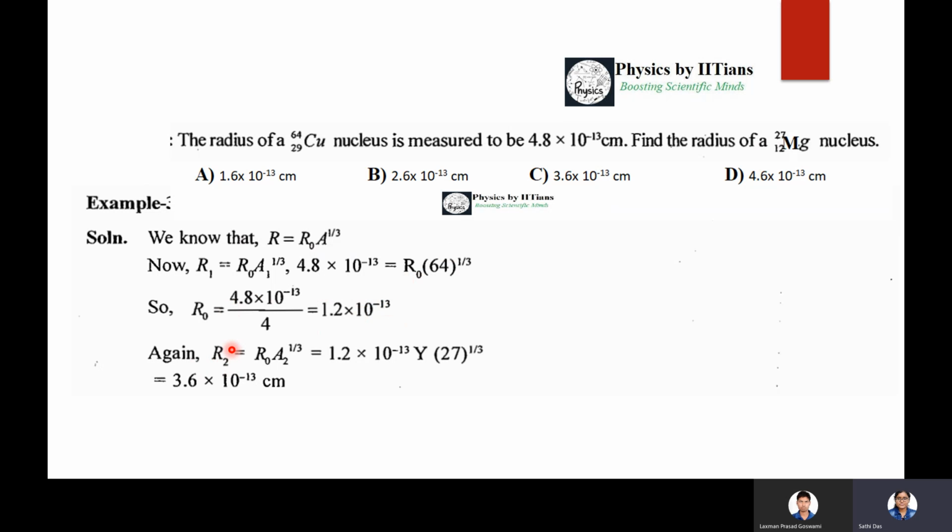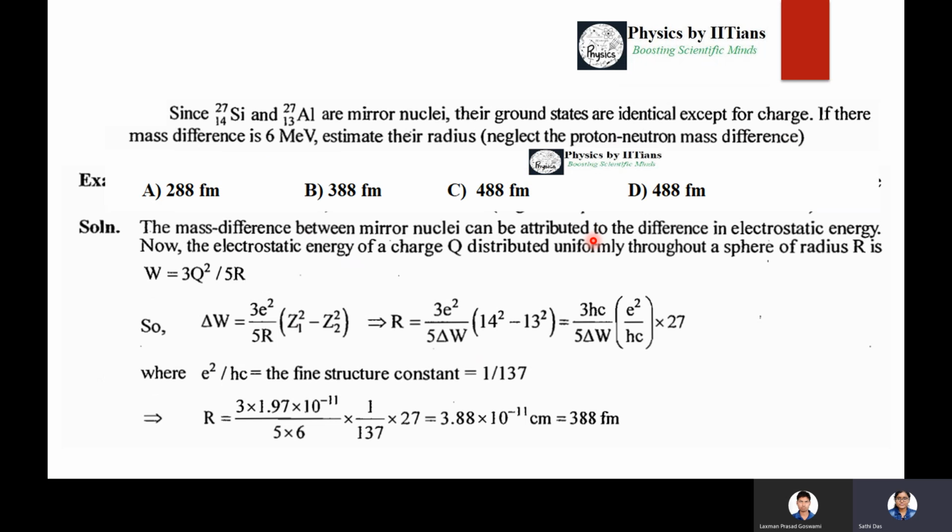To find the radius R2 of the magnesium nucleus, you put the value of R naught, that is 1.2 into 10 to the power minus 13, into A2 to the power 1/3, that is 27 to the power 1/3. So R2 equals 3.6 into 10 to the power minus 13 centimeter. So option C is the correct answer.